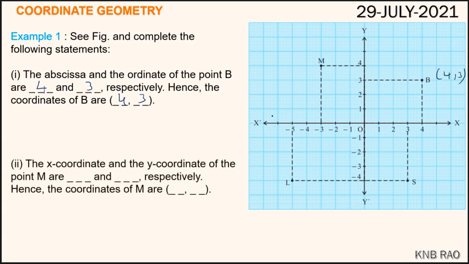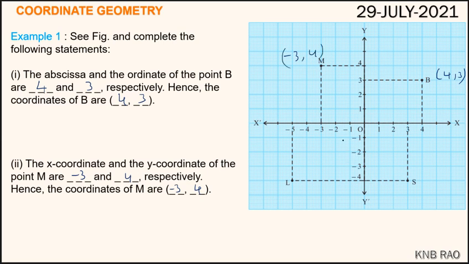Similarly, question 2, the x coordinate and y coordinate of the point M are, x coordinate is minus 3 and y coordinate is 4. So, thus the coordinates of point M are minus 3 comma 4. This is what we found.